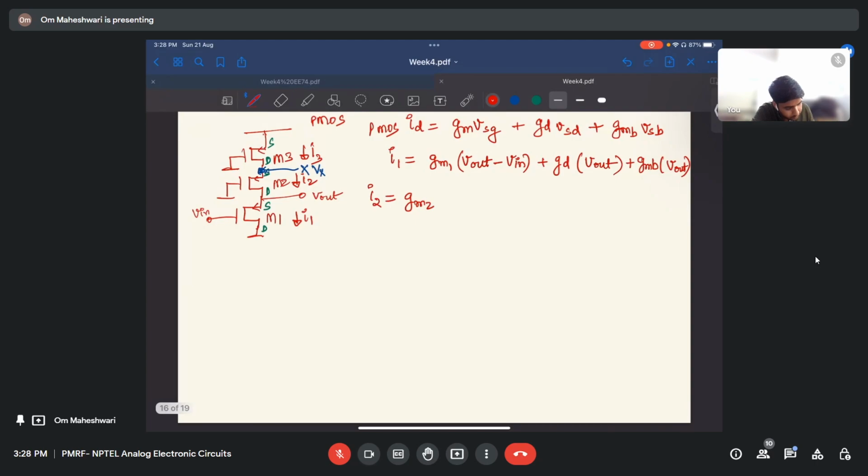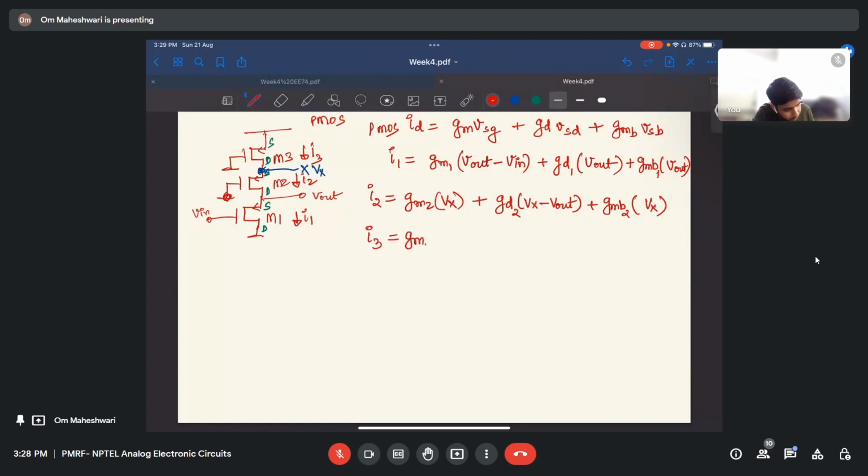Vs is Vx and the gate is grounded. So Vx plus gd VSD. VSD is Vx minus Vout, plus gmb2 Vx.